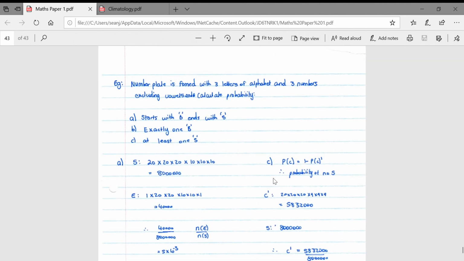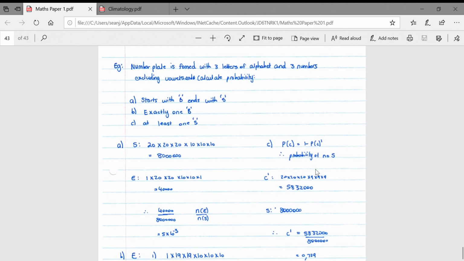Then if we look at C, number plate at least 1 S. So at least 1 S, there's a clever way of doing this, because the long way is you either say, okay, 1 S, 2 S's or 3 S's, or what you can do is you can apply this formula, which says the probability of at least 1 S is equal to 1, because the total probabilities always add up to 1, minus the probability of no S's.